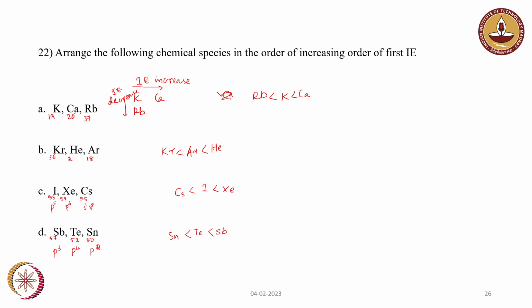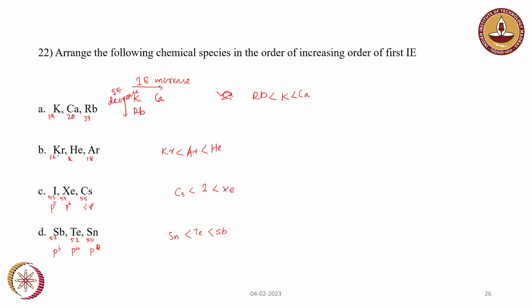So in potassium, calcium, and rubidium, potassium and calcium are in the same period, and potassium and rubidium in the same group. So when we move right, the ionization energy increases. When we move down, it decreases.